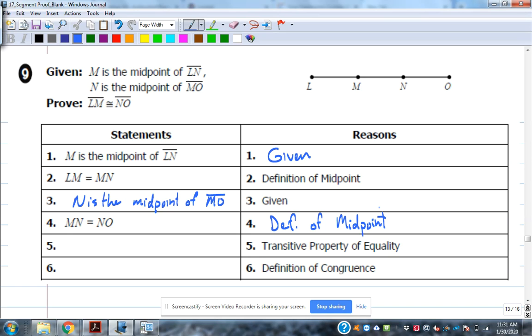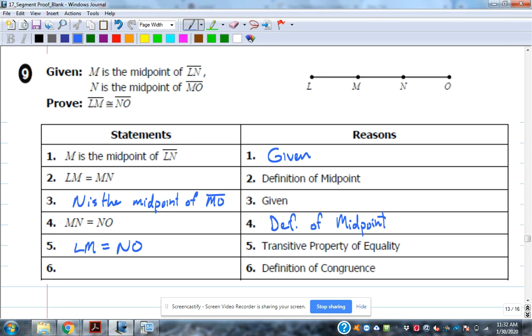What are we trying to prove? We're trying to prove that segment LM is congruent to segment NO, excuse me. So transitive would be, okay, transitive property takes step 2 and step 4 and puts those together. 1, 2, 2, 3.